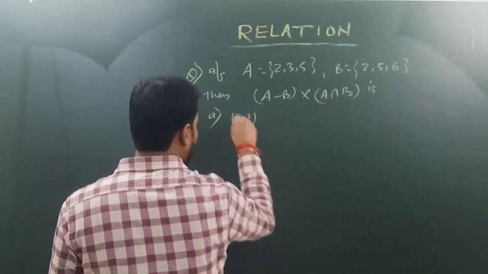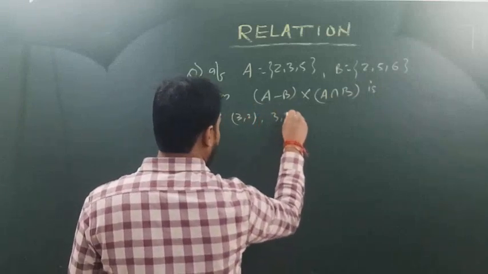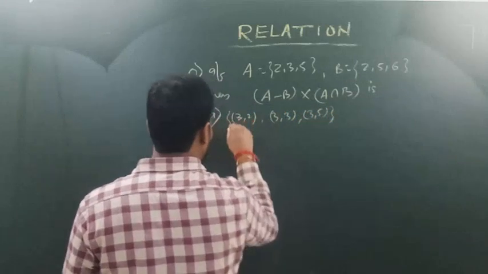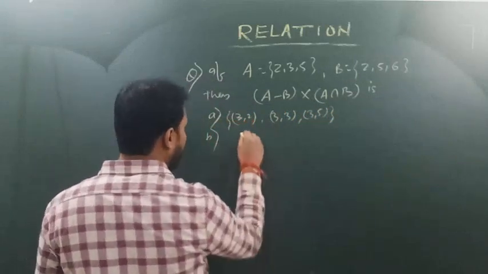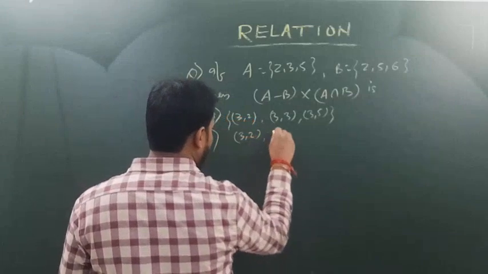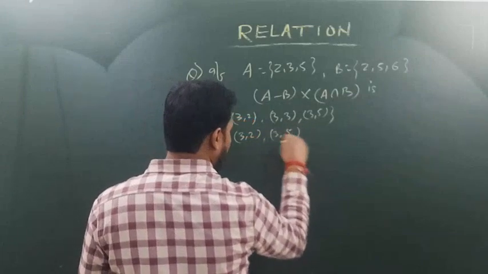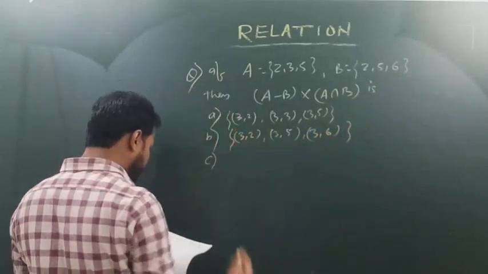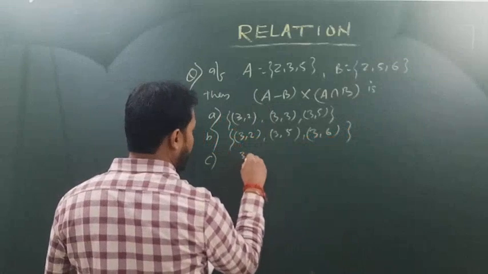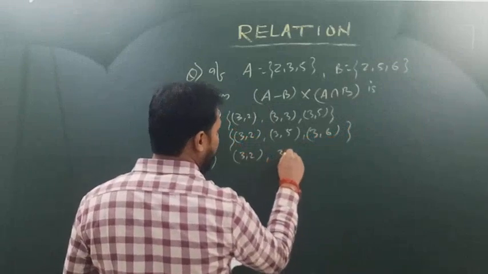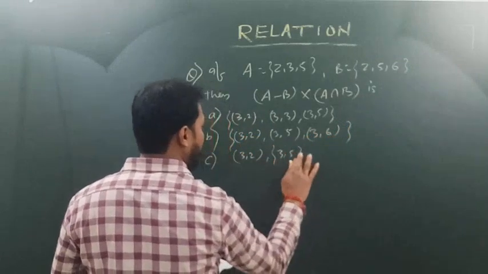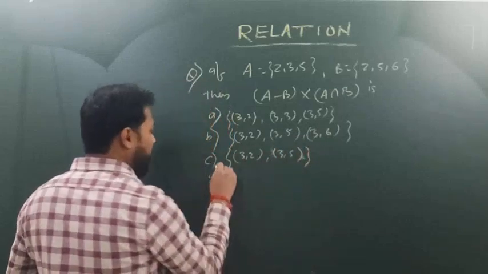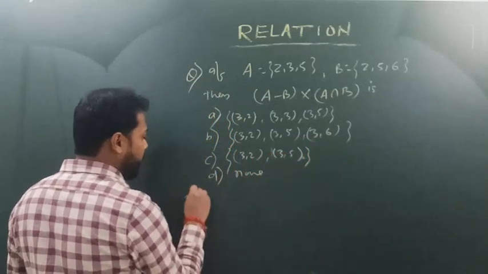Option A: (3, 2), (3, 3), (3, 5). Option B: (3, 2), (3, 5), (3, 6). Option C: (3, 2) and (3, 5). Option D is none of these.